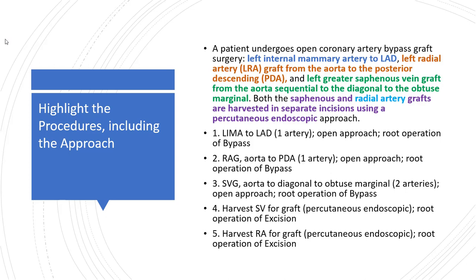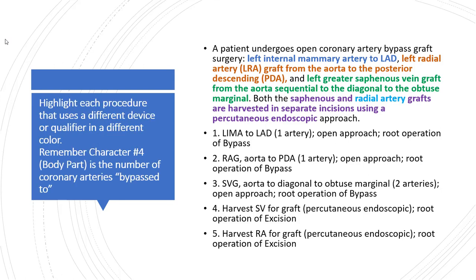We're going to highlight the procedures, including the approach for each one, and I'm going to highlight them with a different color so it helps me know what I'm looking at. The first one is a left internal mammary artery to the left anterior descending. That's one bypass.